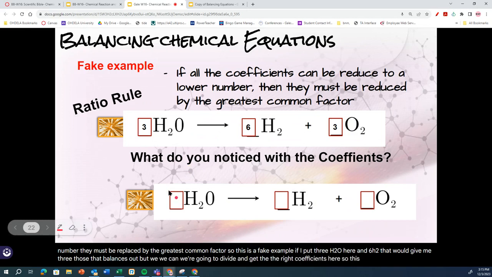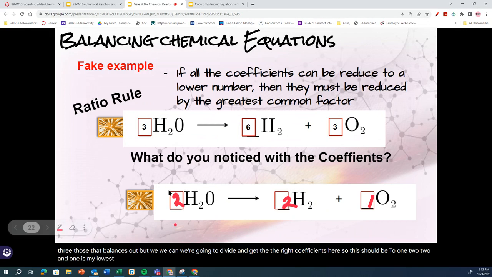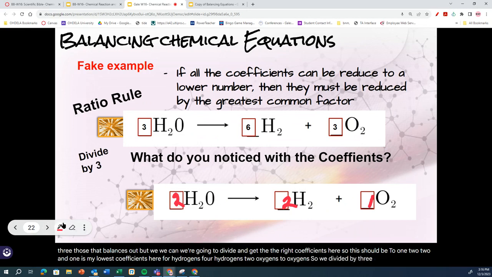So this should be 2 to 2 to 1. 2, 2, and 1 is my lowest coefficients here. 4 hydrogens, 4 hydrogens, 2 oxygens, 2 oxygens. So we divided by 3.